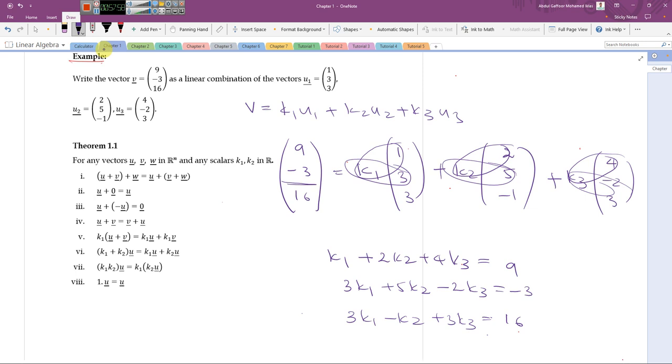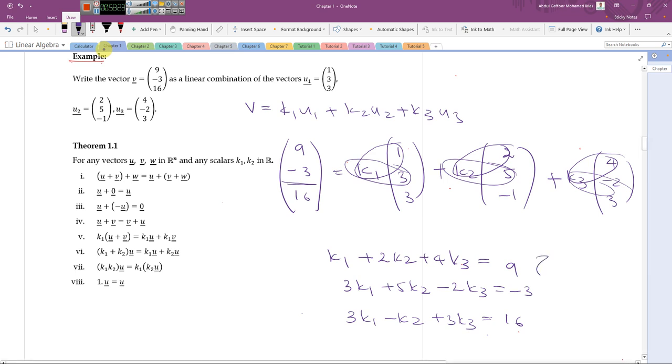So k1 plus 2k2 plus 4k3 is equal to 9, 3k1 plus 5k2 minus 2k3 is equal to -3, and 3k1 minus k2 plus 3k3 is equal to 16.